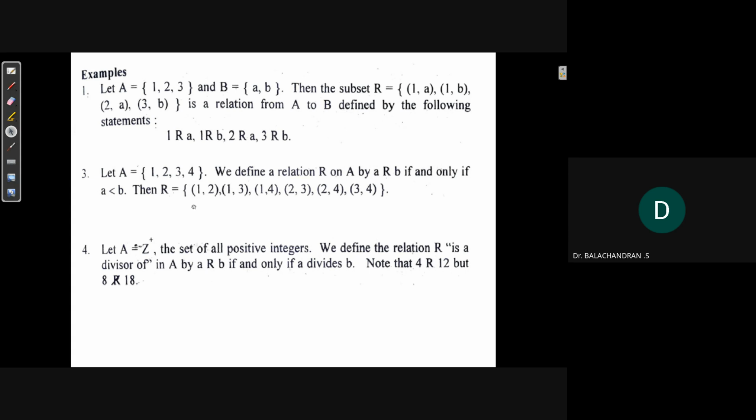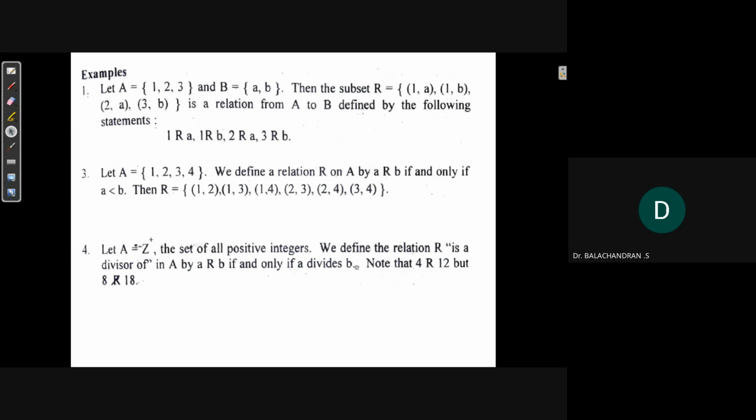Next, let A equal the set of all positive integers, that means Z plus. We define the relation R. Here the relation is not less than; the relation is divisor of. We define a is related to b if and only if a divides b.